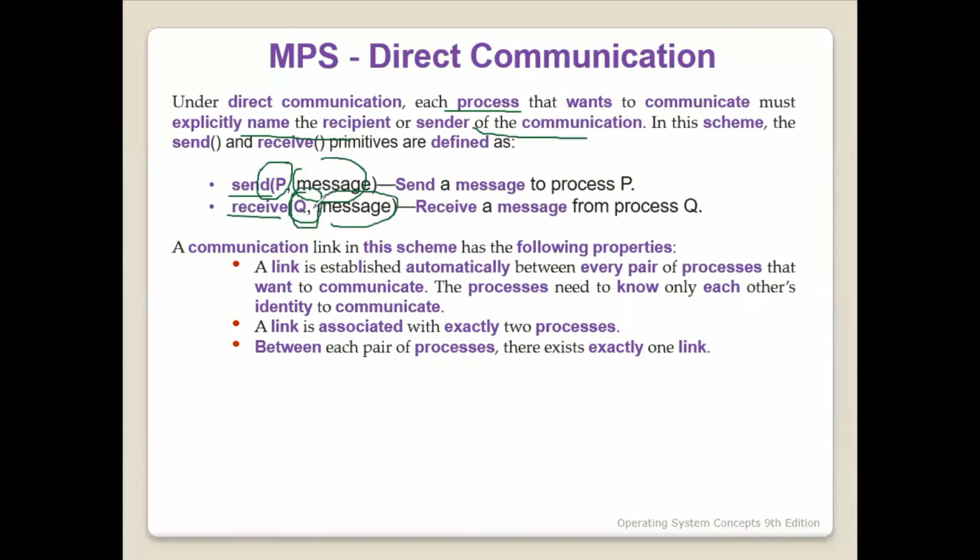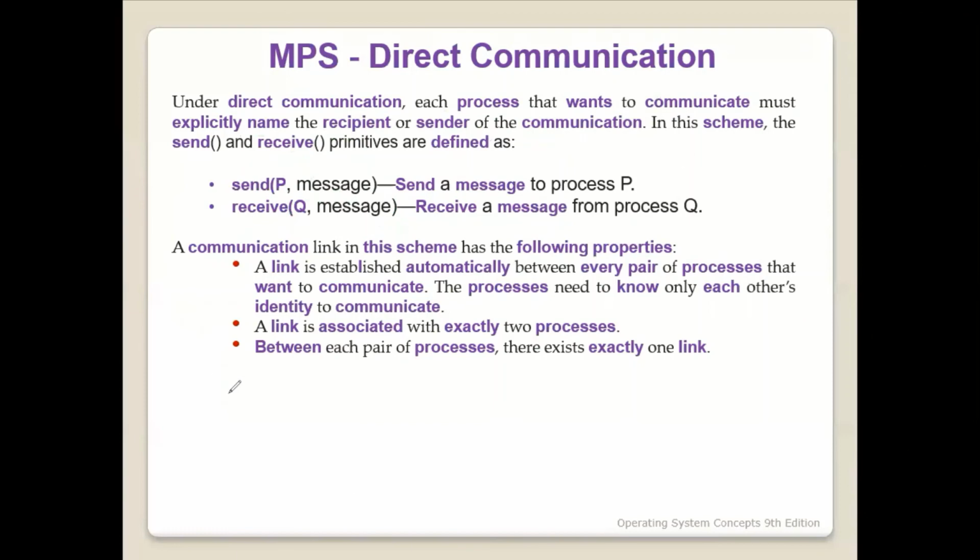So you receive a message from Q. Straight away you mention the message, to whom it is going, and from where it is coming. You get the idea? This is direct communication.